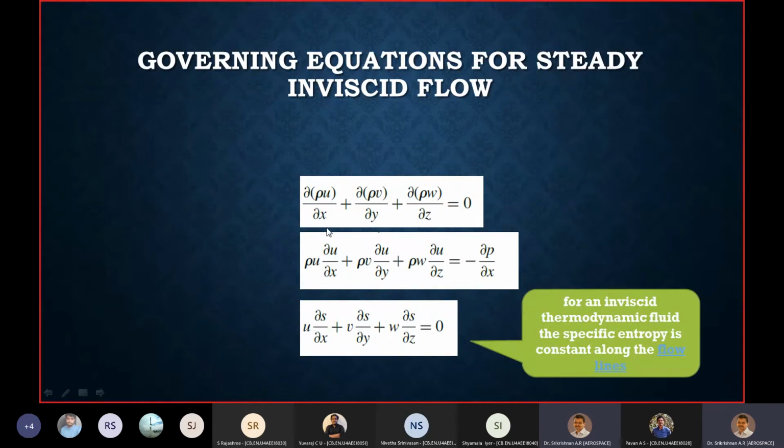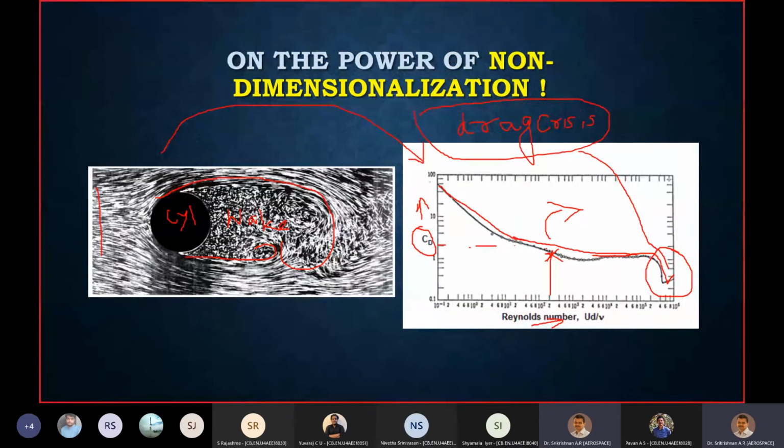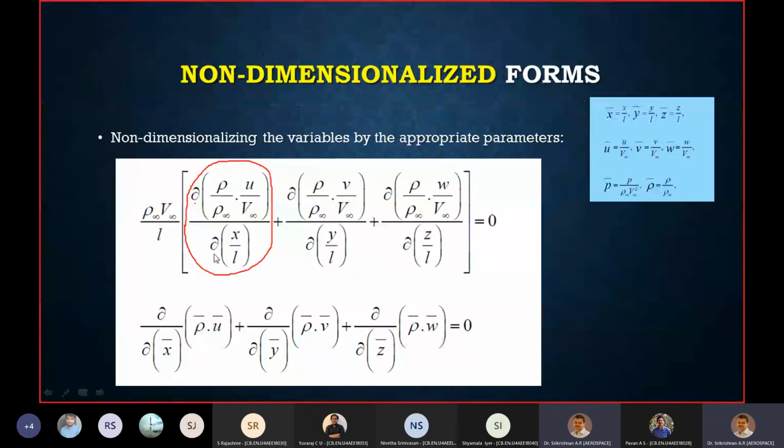I'm trying to non-dimensionalize rho, u and x. So when I do that, based on the approach that we just mentioned, the term will transform to dou of rho by rho infinity, u by v infinity. Instead of rho, I am writing rho by rho infinity. Instead of u, I am writing u by v infinity.